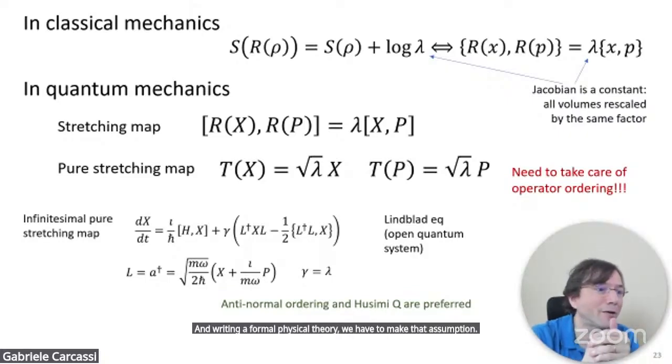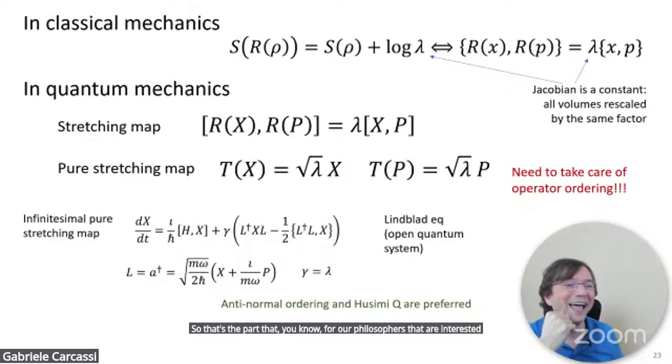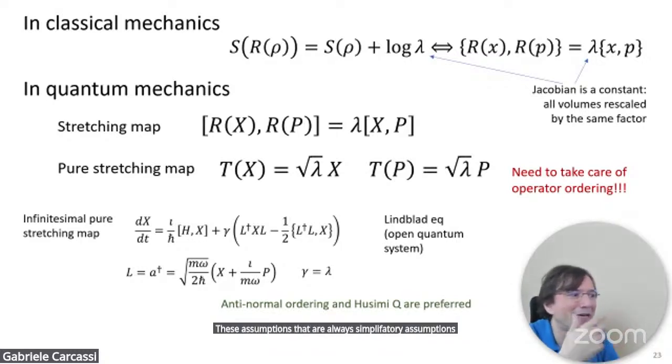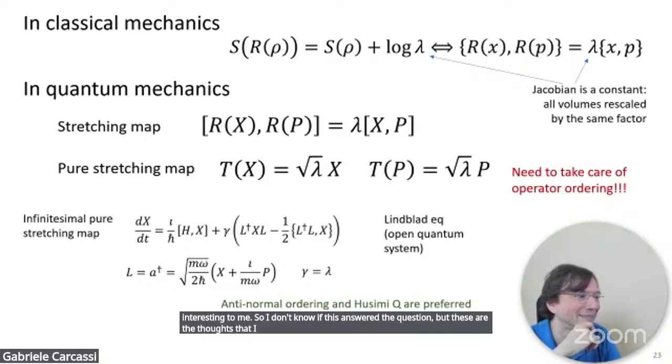So that's the part that, for philosophers interested in that question, we can make an argument that all physical theory needs to have these assumptions, which are always simplificatory assumptions. That would be interesting to me. So I don't know if this answers the question, but these are the thoughts that I personally have in my head.